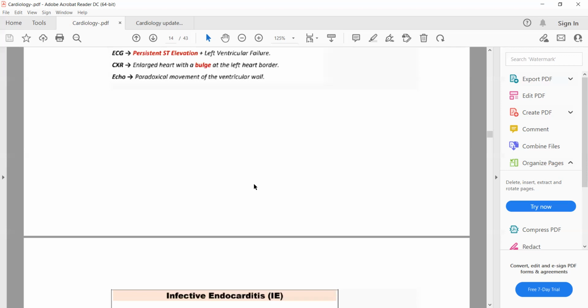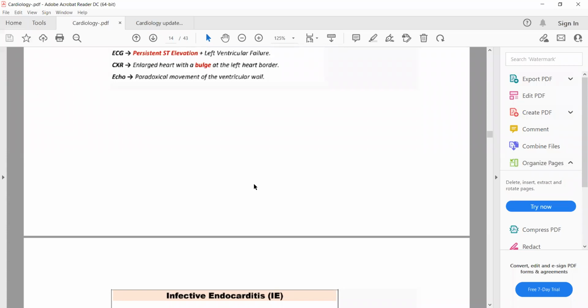So depending upon their location of travel, if they travel to the brain, they will cause stroke, and if they travel to the enteric tract, they will result in acute mesenteric ischemia, and if they travel to the blood vessels of the lower limb, they will result in acute limb ischemia.